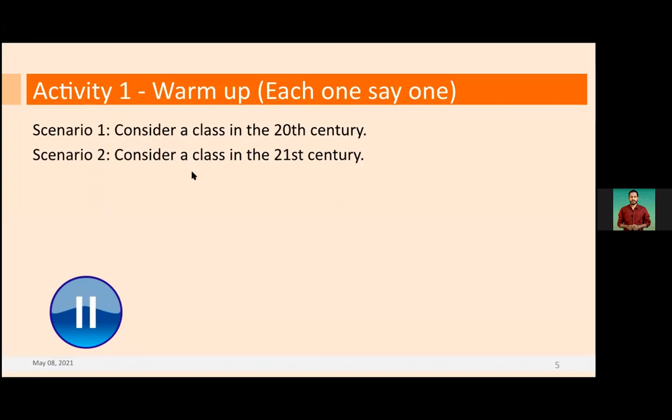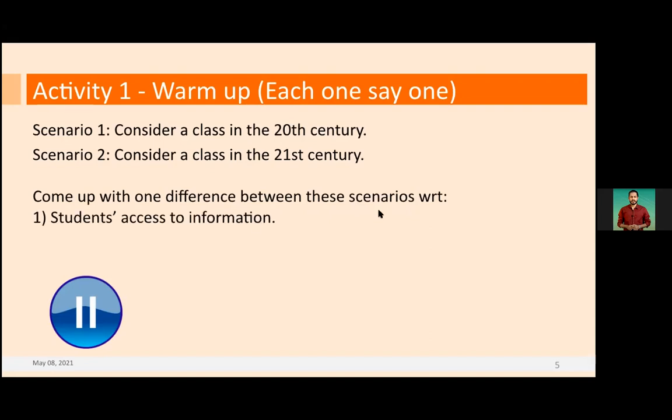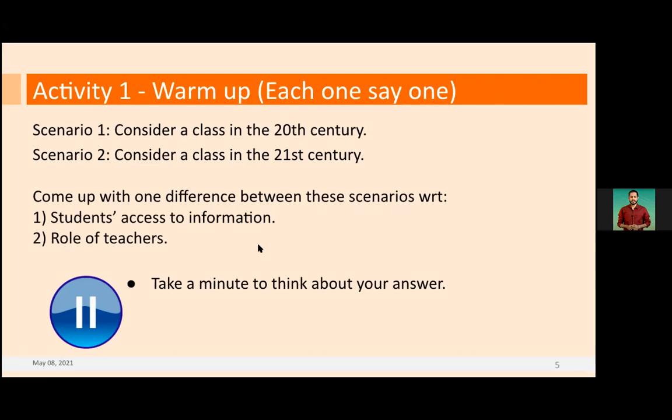Think about these two scenarios and come up with one difference, maybe with respect to students' access to information and teachers' role. Take a minute to think and post your responses in the chat window, or if somebody wants to unmute and say, you are welcome to.